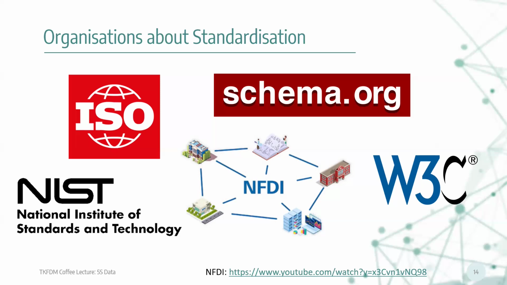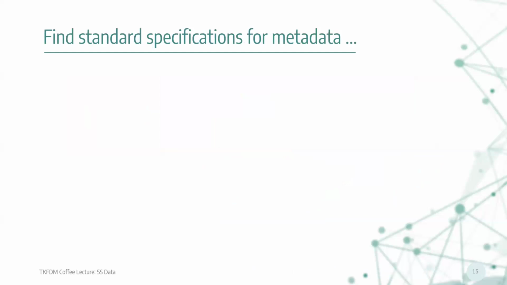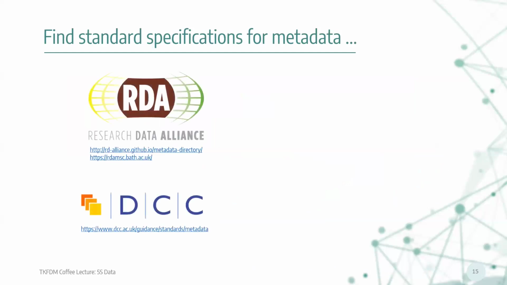But sure, you can also use other platforms to find standards for yourself. To name two at the beginning, there is the Research Data Alliance and the Digital Curation Center, some big communities which have directories with metadata standards.